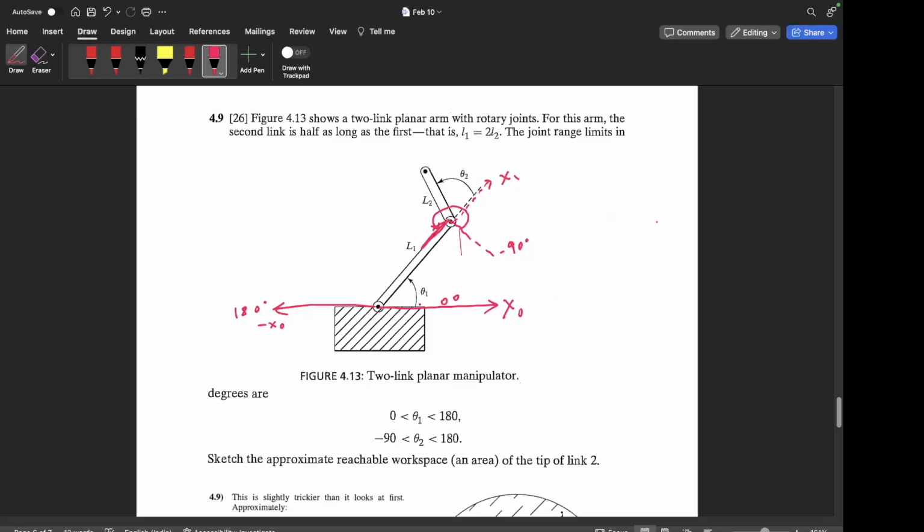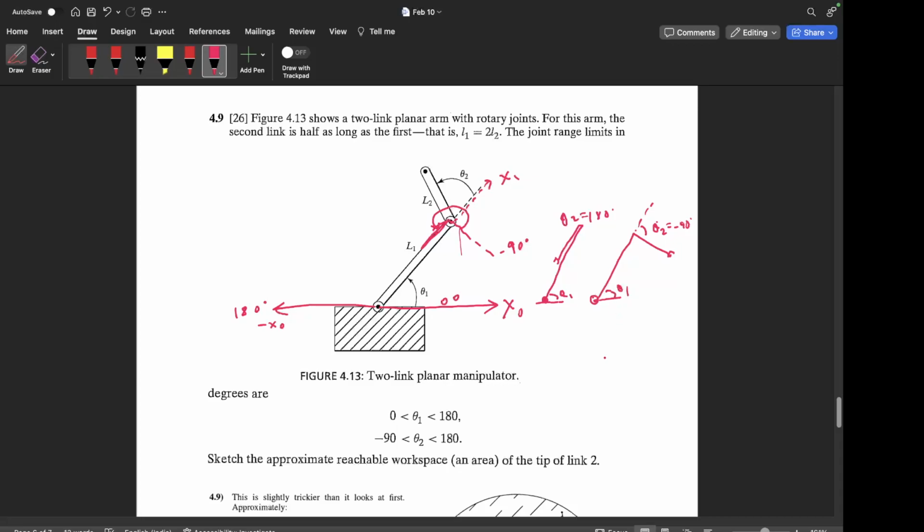So let's say in this configuration itself, which is shown in the figure, the extremes of the second link are: it can be like this, in which theta 2 is minus 90, and it can be fully folded on top of it, in which case theta 2 is 180 degrees. So for any theta 1, these are the two extremes of the second link, right?